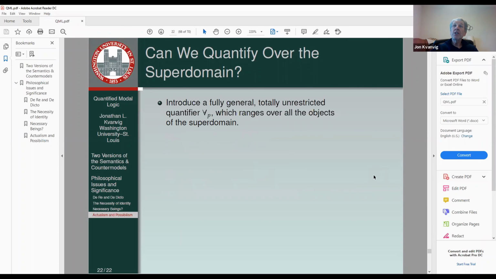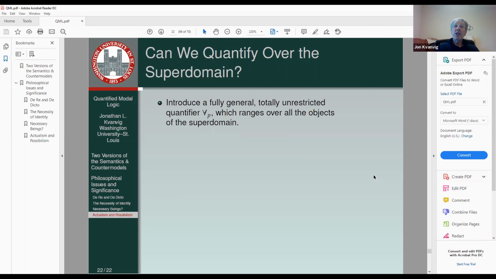Well, suppose we do it this way. If you remember when we did free logic, we sometimes allowed there to be a domain of things that don't exist. So we had a domain of things that did exist and a domain of things that didn't exist. And it turned out that the two domains couldn't overlap, which should be obvious from the way that we described them. But suppose we do the same kind of thing without the non-overlap requirement.